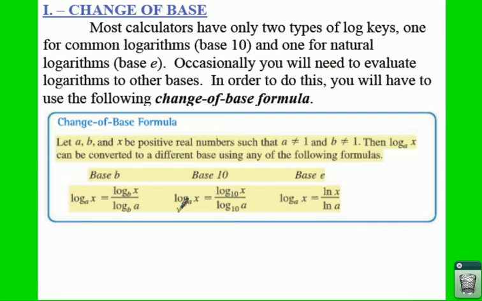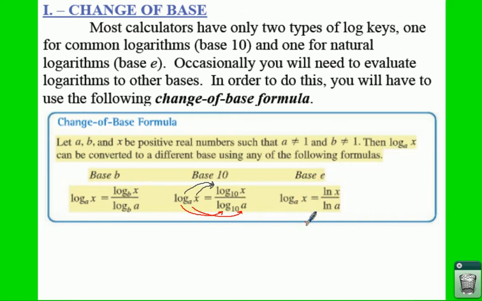Usually people take the common base, but you take the log of x and you write that on top. This x goes up here with it, and you write it with a base of 10, and then your a moves down to the bottom. So you write a log of x over the log of a.